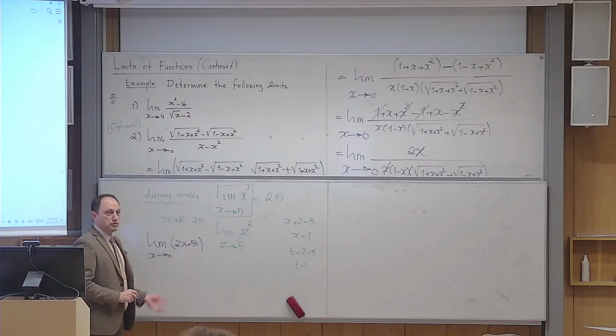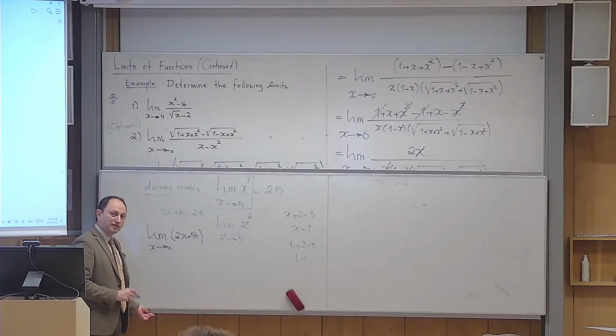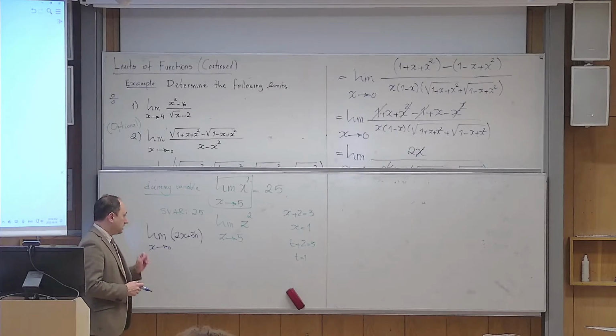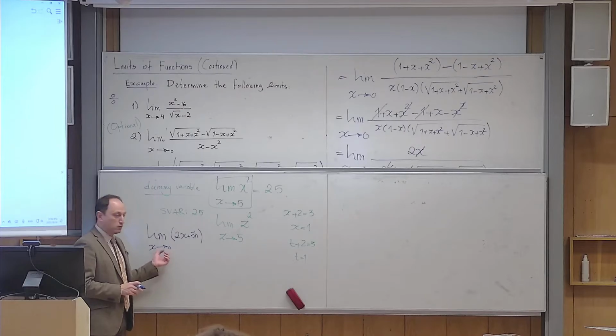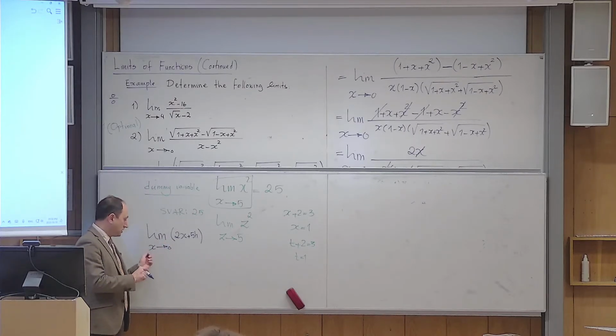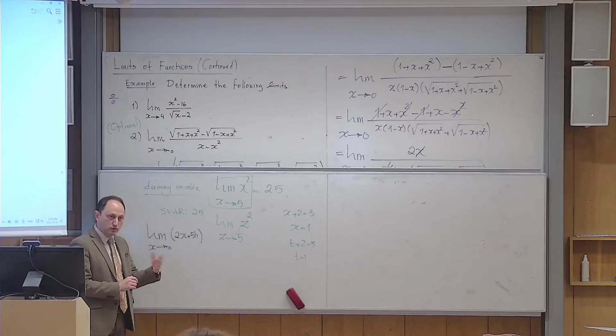How many variables you see here? I see two variables apparently, but one of them is not variable when it comes to this limit. Which one is variable for the limit? X. Because I am making x closer and closer to 0.